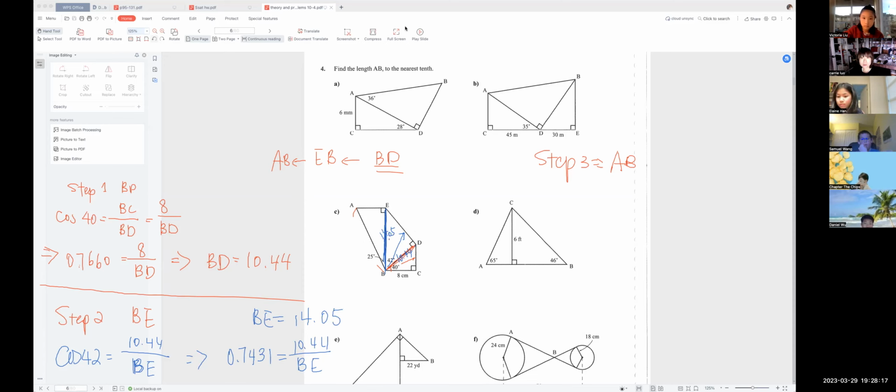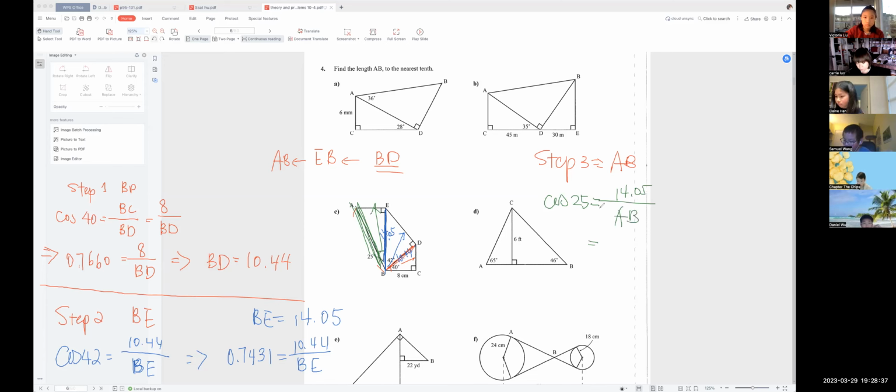Right. Okay, so now last but not least, we check out the AB. Again, this angle is 25. So the 25 opposite is AE, which we don't know. So it's again cosine 25 degrees equals 14.05 over AB.